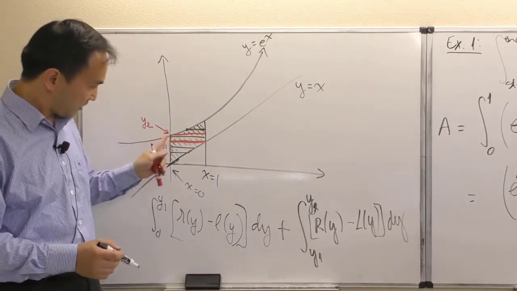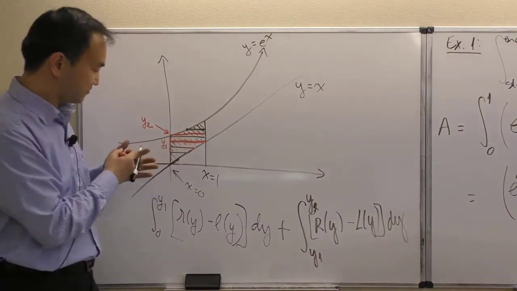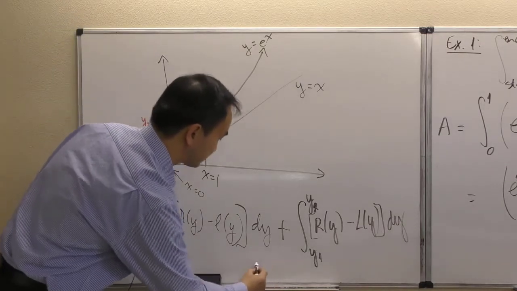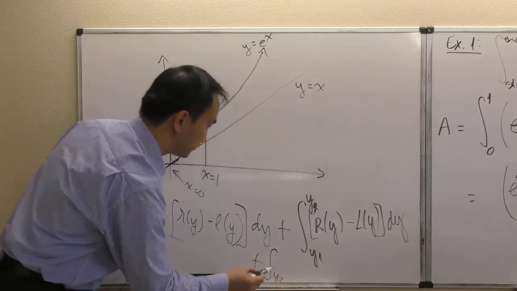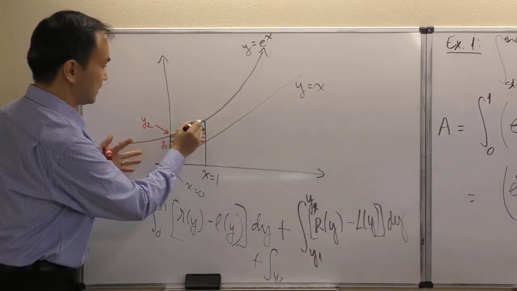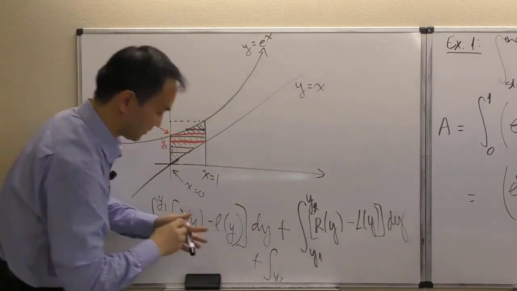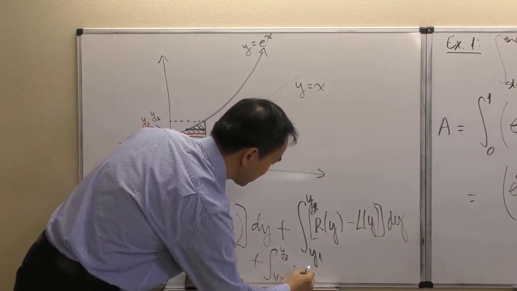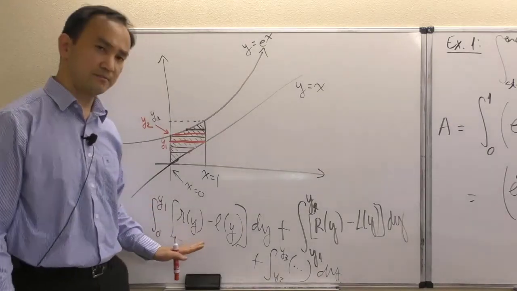With this one, we still need another integral that we accumulate from y2 to the ending one, wherever that is here. I can call it y3. So y2 to y3, and so on, with thickness dy, and so much effort.